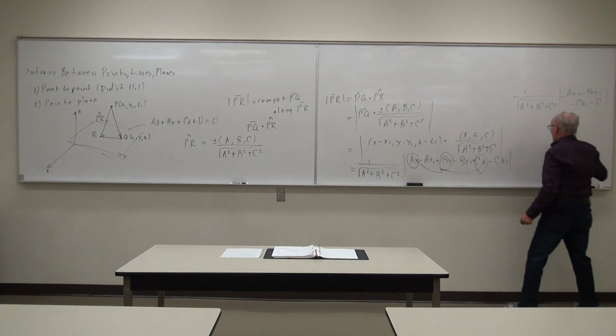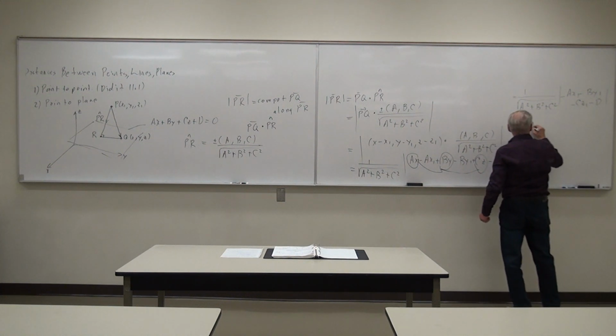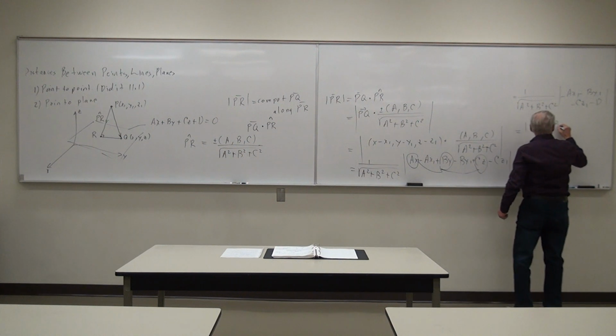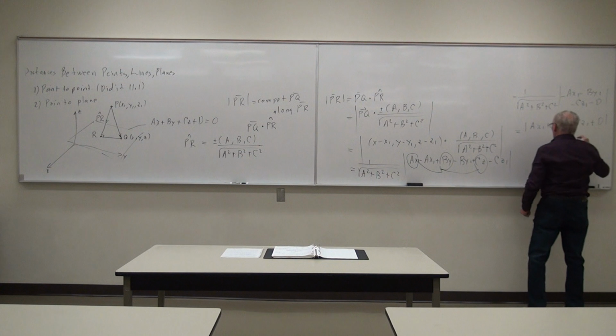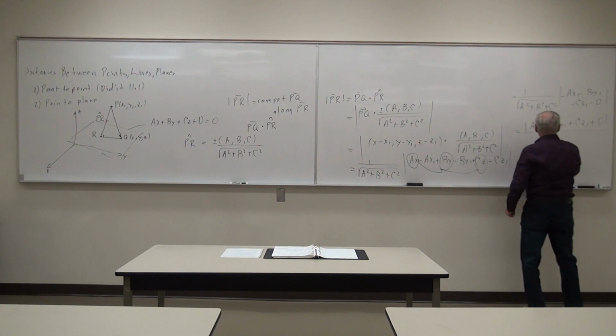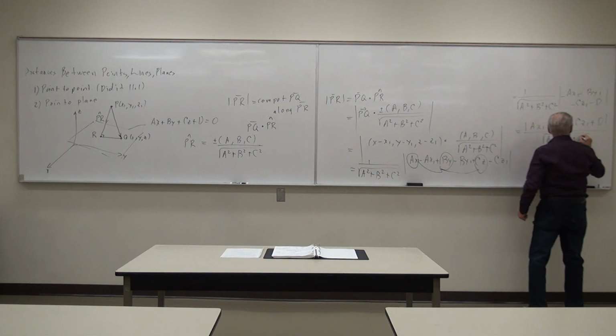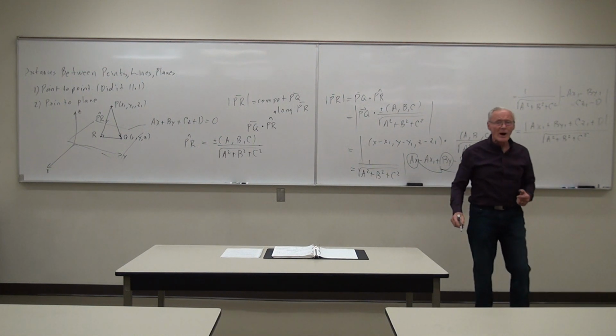And why do we throw away all minus signs? And write absolute value ax1 plus by1 plus cz1 plus d over the square root of a squared, b squared, and c squared. Now I've got it.